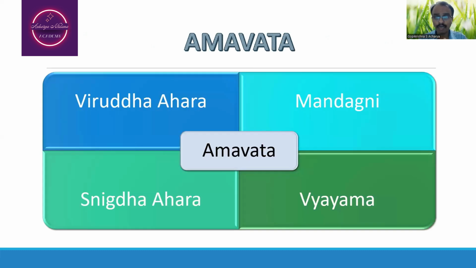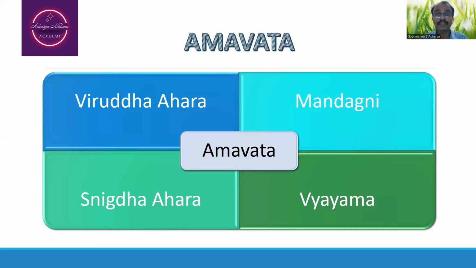And when you think about amavata, there are four major keywords one has to remember: viruddha ahara, mandagni, snigdha ahara, and vyayama. That means the person consumes incompatible food substances. With mandagni, the person has poor digestive function.